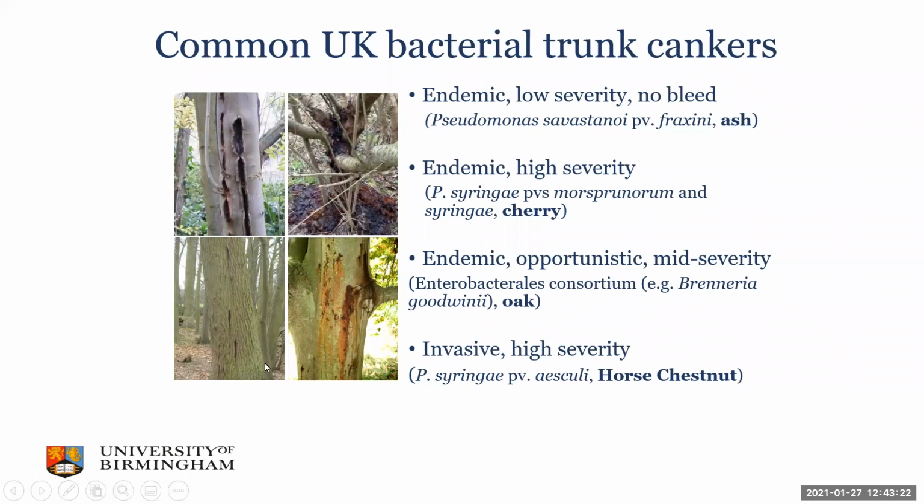It is characterized by the appearance of bleeding cankers or lesions on stems, trunks, and branches, and it can kill affected trees. My talk today will focus on bacterial canker of cherry trees that is caused by Pseudomonas syringae pathogens.